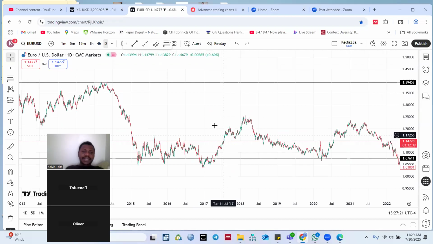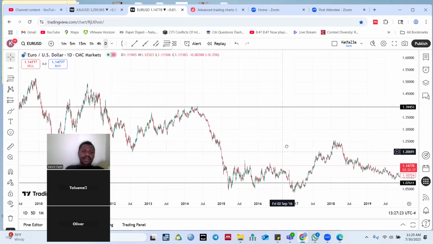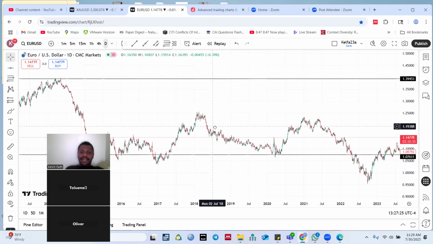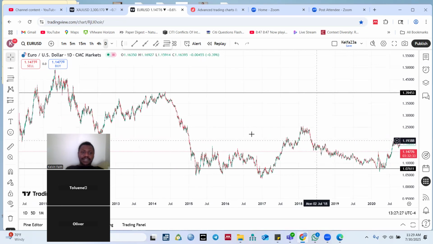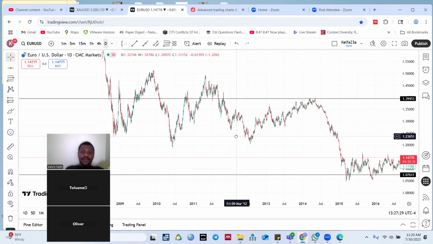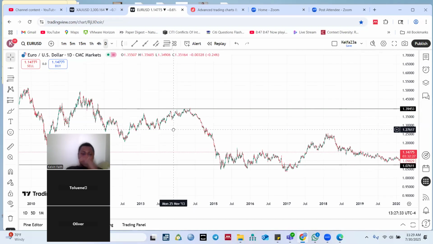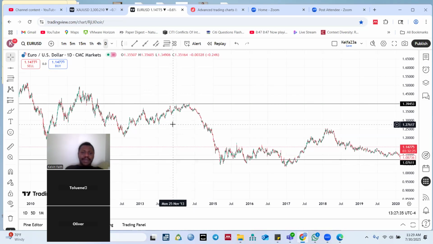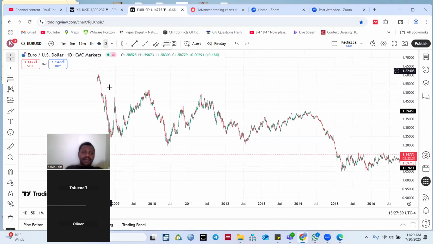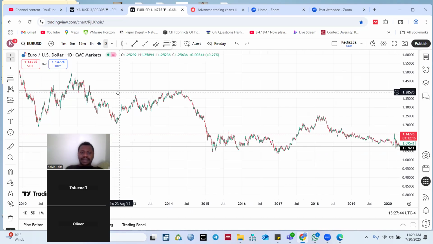Perfect. So this is the daily time frame on Euro USD. And as far as I can see, on what the free version of TradingView is giving me on the daily time frame, this is the highest data that I can get.